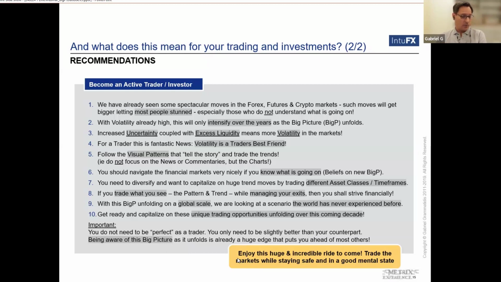So I think we're going to see a huge and incredible ride as far as price action is concerned. And you want to trade the markets while staying safe and in a good mental state, looking at the charts and not getting too much influenced by what you read in the news. There will be a lot of scary news coming up if the trouble really starts.